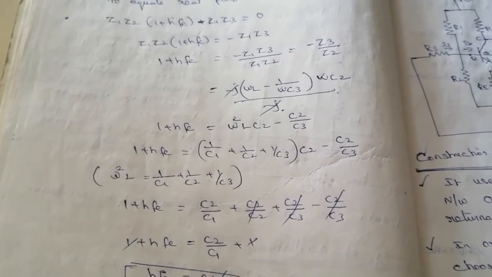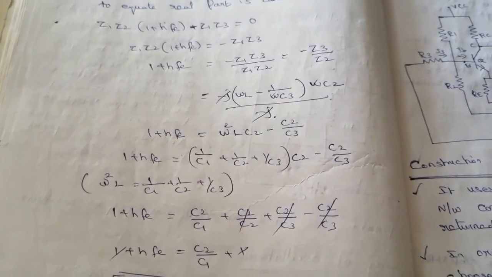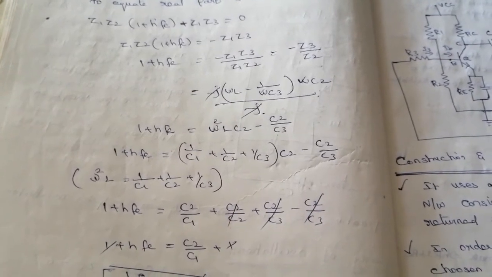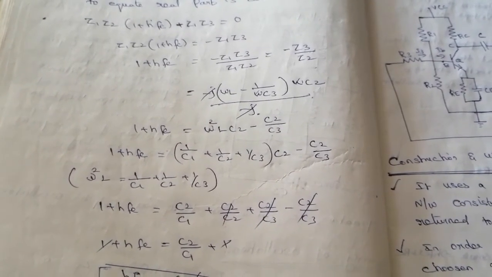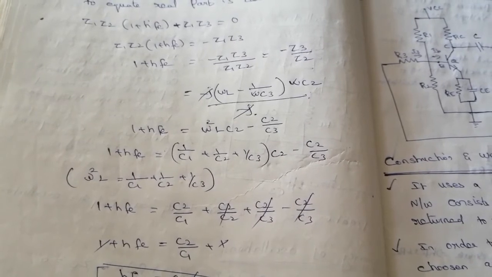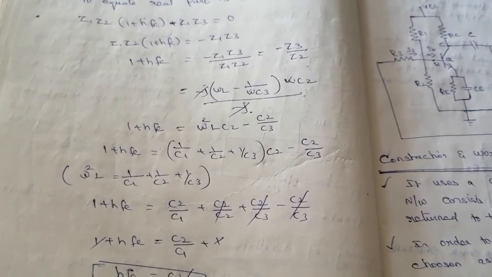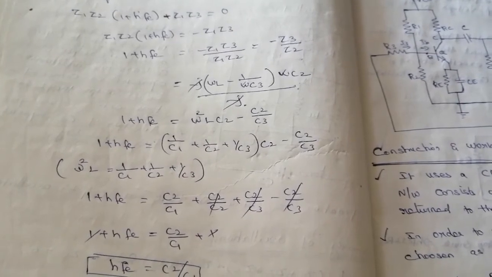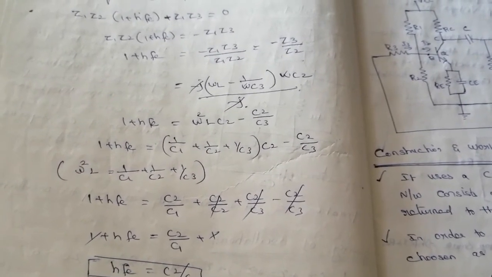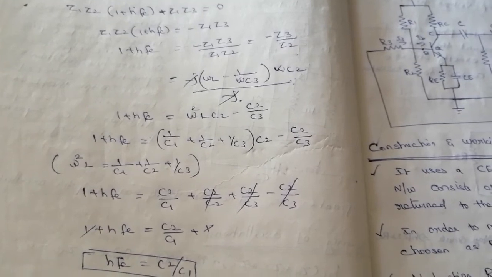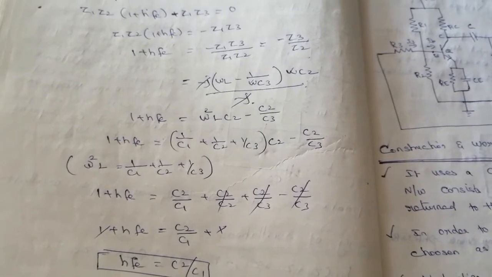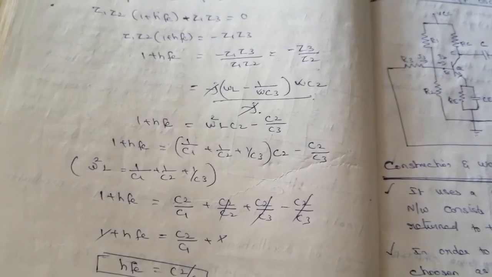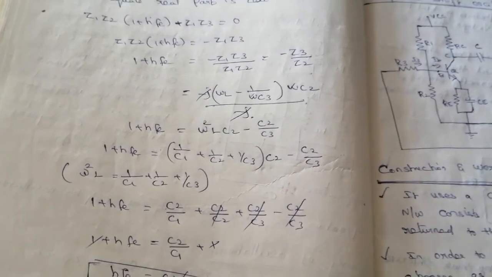For the sustained oscillation conditions, we assume the real part is equal to 0 in the general equation. So we have hfe equal to L2 by L1 for Hartley, and hfe equal to C2 by C1 for both Clapp and Colpitts oscillators. I hope you all understand these three oscillators. Thank you, students.